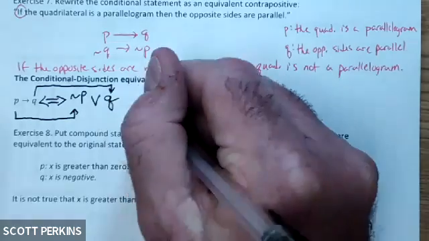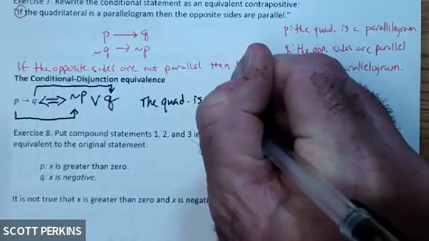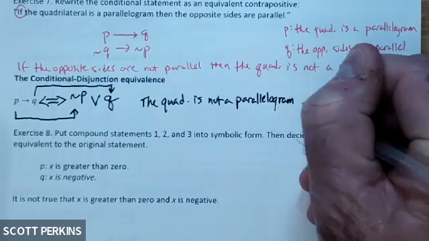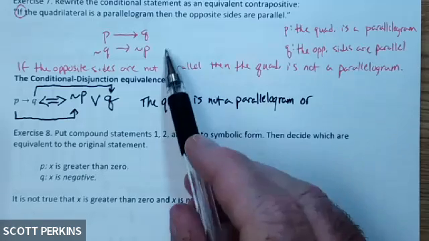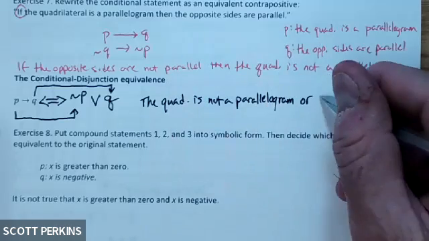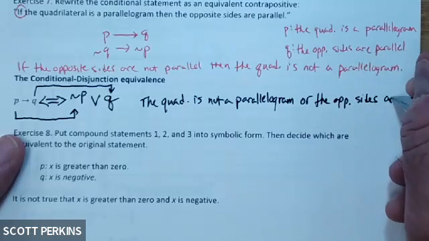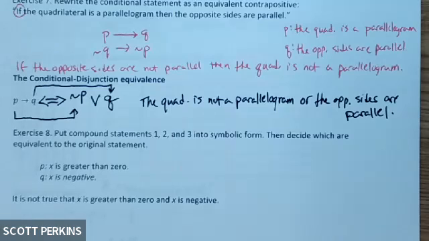So the quadrilateral is not a parallelogram, or you leave the consequence the same. And the consequence was the opposite sides are parallel. Logically, that statement I just wrote means the exact same thing as the conditional statement in exercise 7. Okay, they are the same.